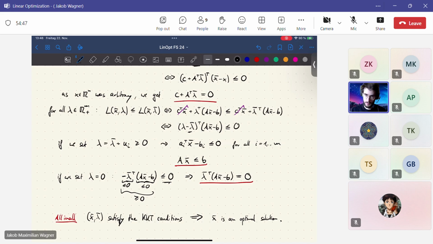Or we can also equivalently use the saddle point characterization, which also gives us a condition on the optimality of the point x bar. And we see that more or less all of them boil down to the KKT conditions. So this again highlights how important these conditions are for solving the problem and for coming up with algorithms.